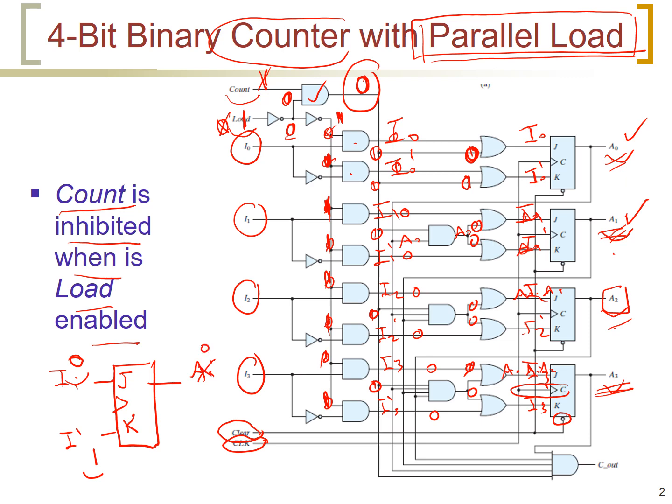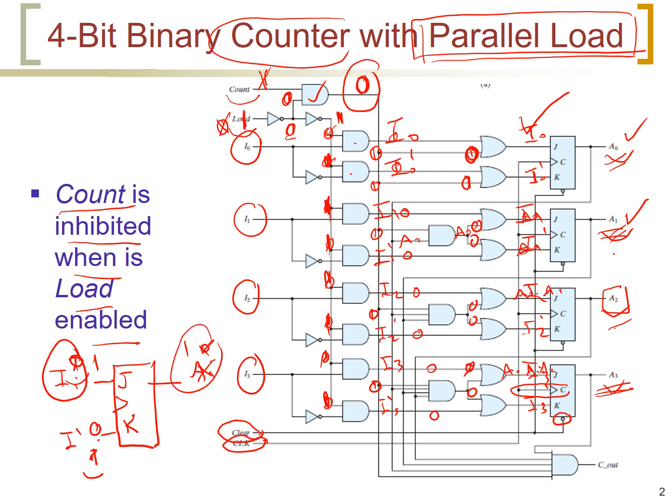On the other hand, if I is 1, this will be 1, and this will be 0. Therefore, J is 1 and K is 0, and at the clock, the flip-flop will set, which means this will be 1. So in other words, when we connect I and I prime to J and K, as we see in this diagram, I will be transferred to the flip-flop output simply.